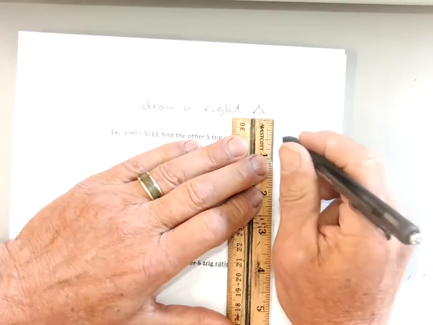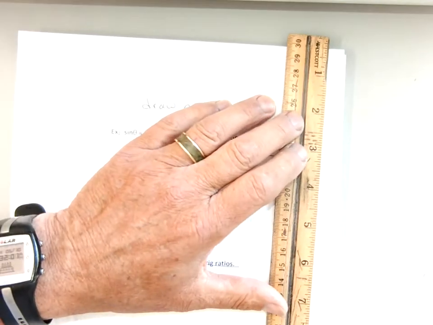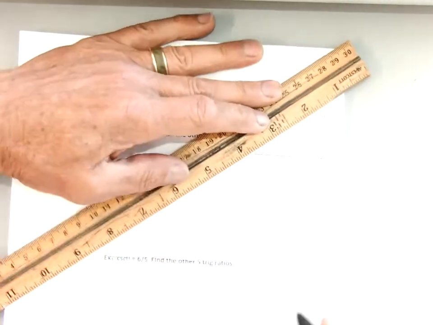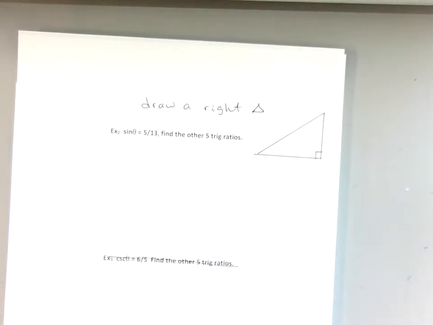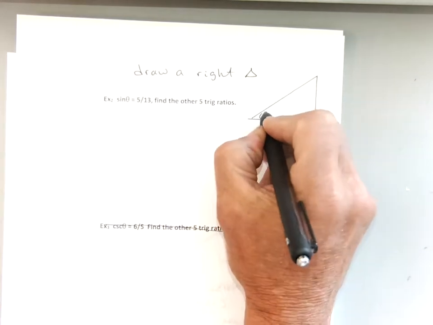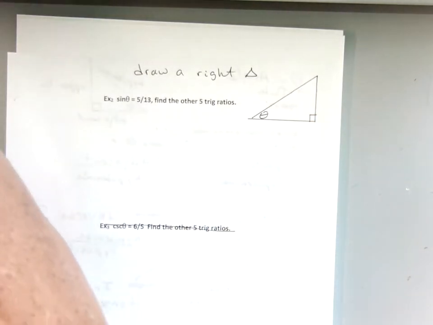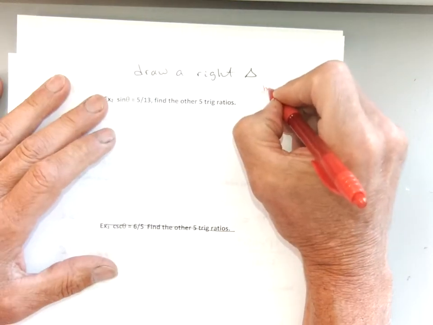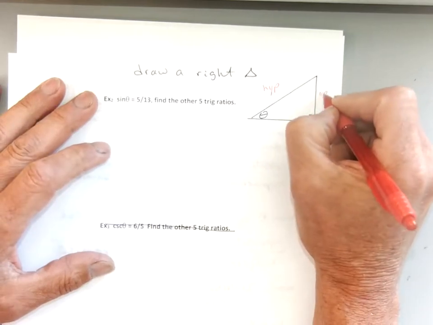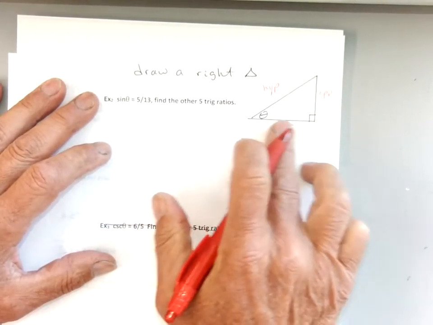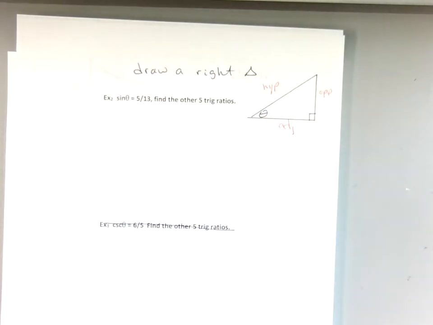So I'm going to draw a right triangle and put theta in it. I know that this is my hypotenuse. This side would be my opposite. And this side is my adjacent side. How am I doing? Okay.